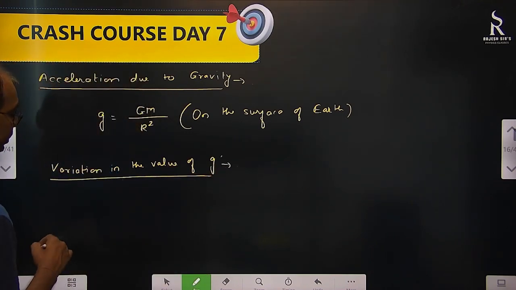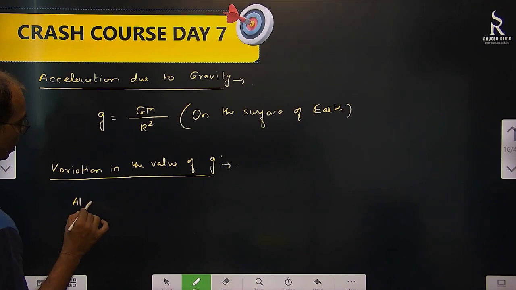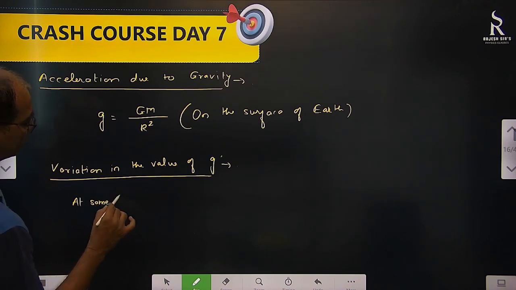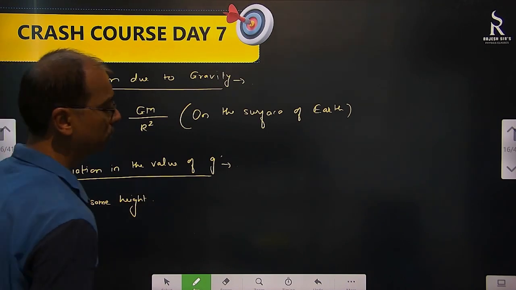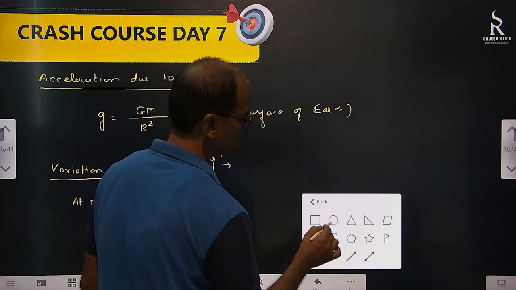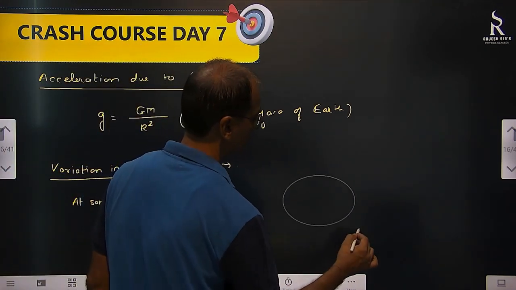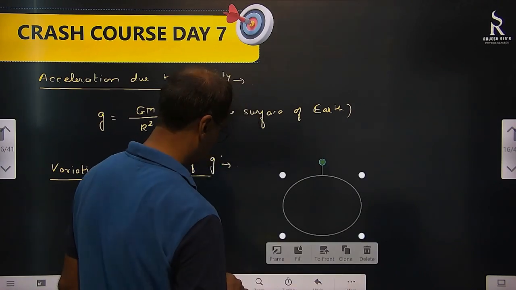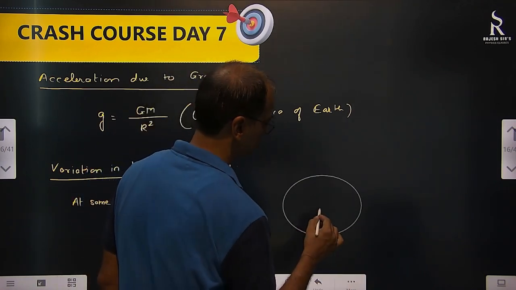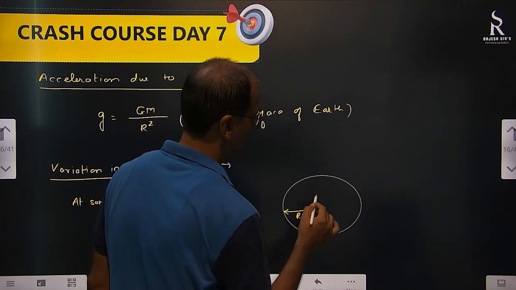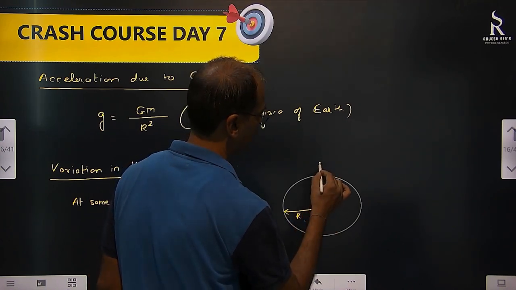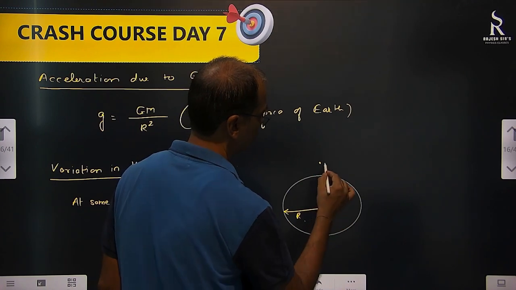Say at some height. Let's take the earth here, radius is r, and we are talking about a certain height, let's say here. Here is the particle, so this is h.